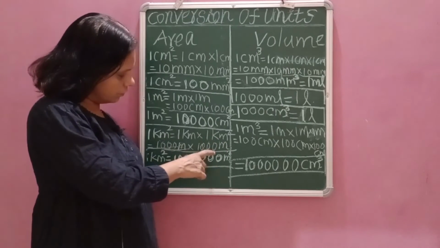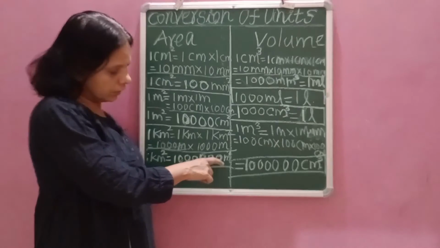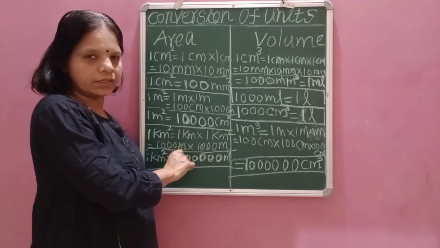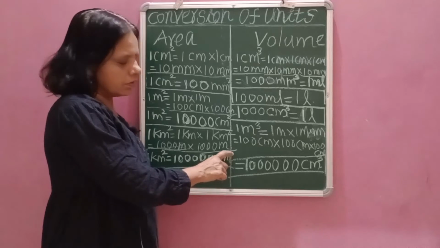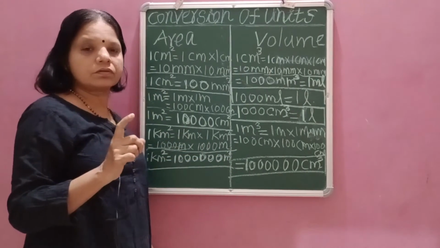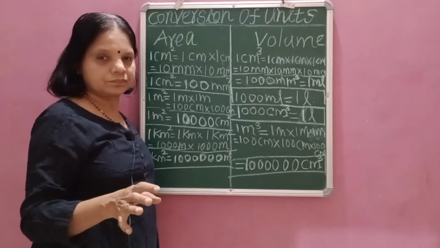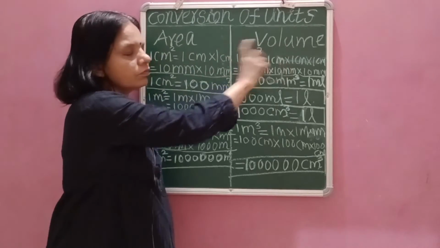So 1000 into 1000. How many zeros? 6 zeros. How to read it? 10 lakh. So 1 kilometer square equal to 10 lakh meter square. That is about area.